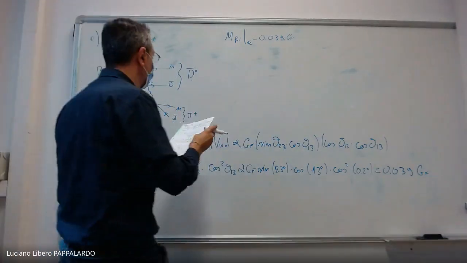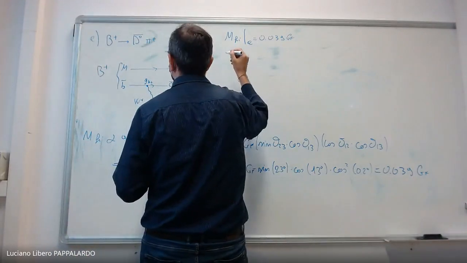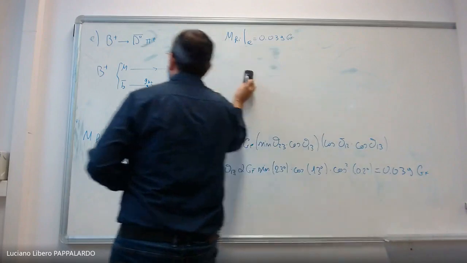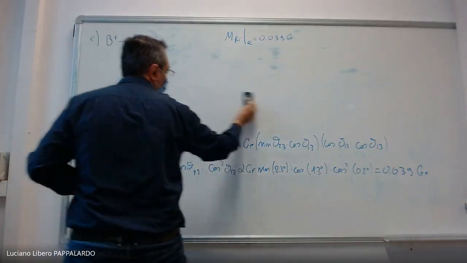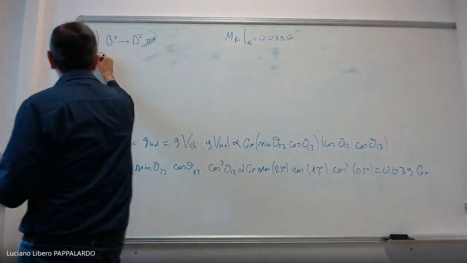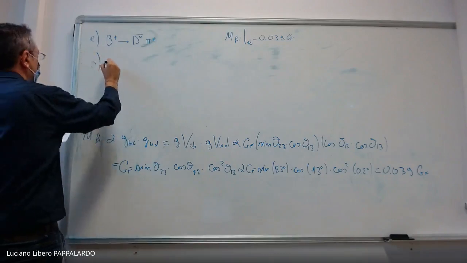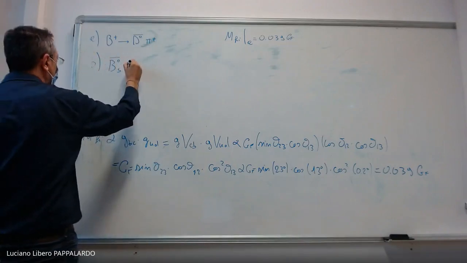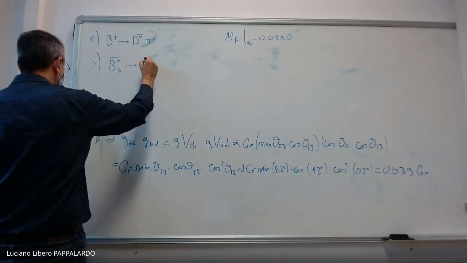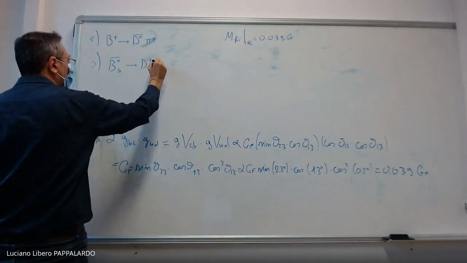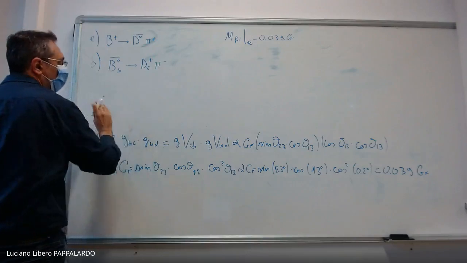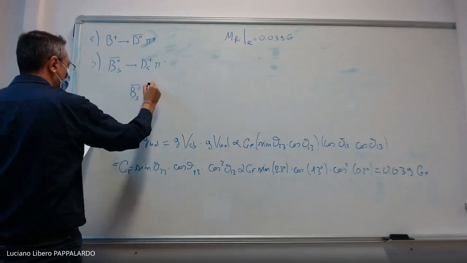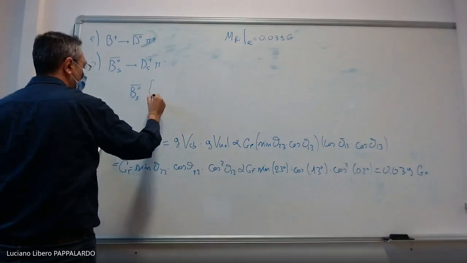Let's now work out the second one. So the second is the Bs0 bar going into a Ds plus times pi minus. So the Bs0 bar is the s bar b object.